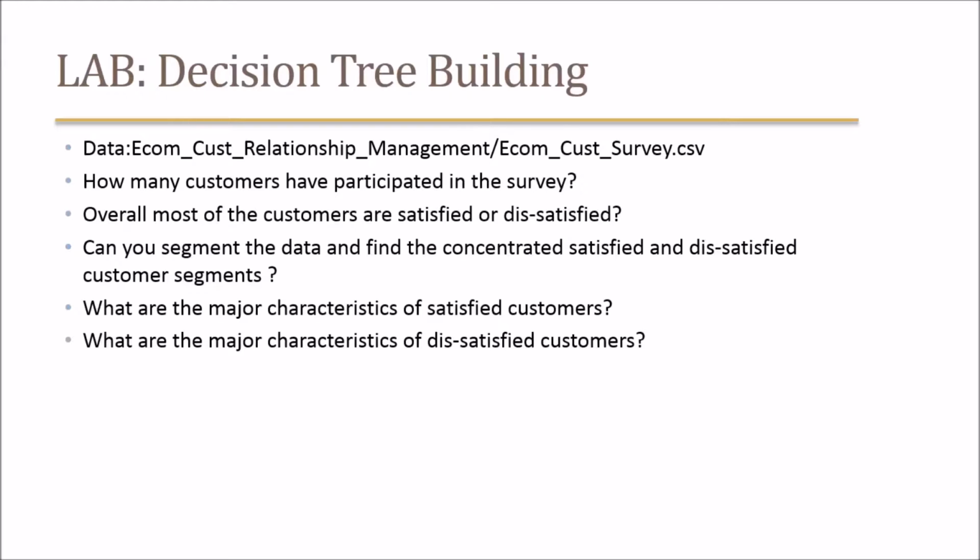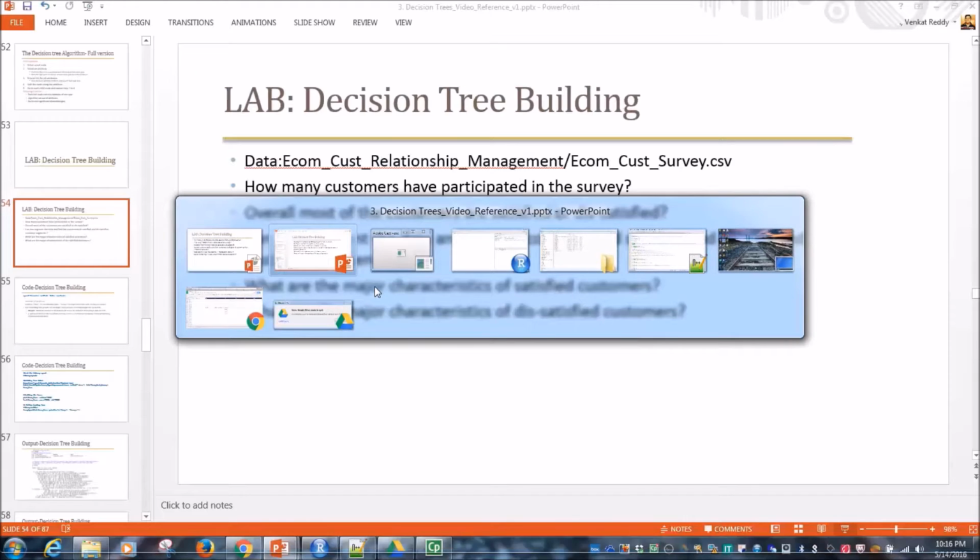Can we find the characteristics of customers who are satisfied, and of those who are most dissatisfied, so that we can take actions on dissatisfied customers? And when similar customers come later on, can we guess whether they are going to be satisfied or dissatisfied? So let us build a decision tree to find the customers who are most likely to be satisfied or dissatisfied later on.